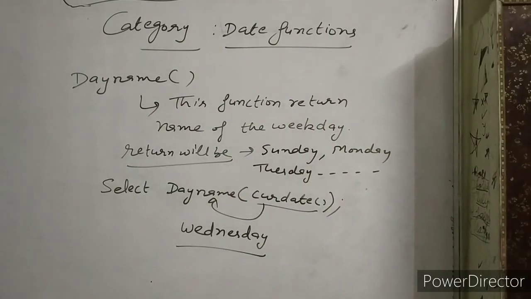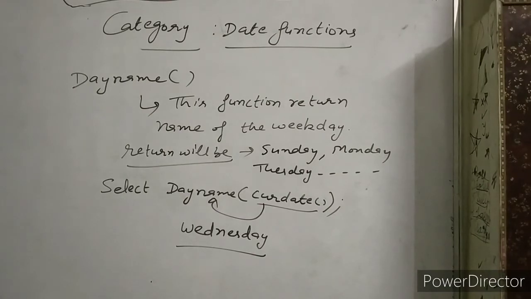Suppose you want to know the birthday name. How will you find out? You know the date of birth. All of you know your date of birth. You want to display the name of the day.